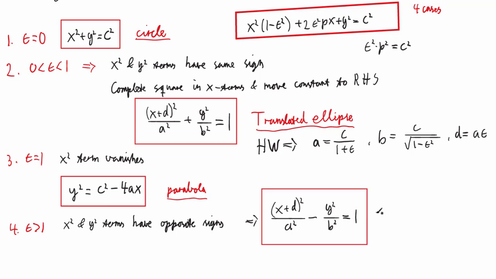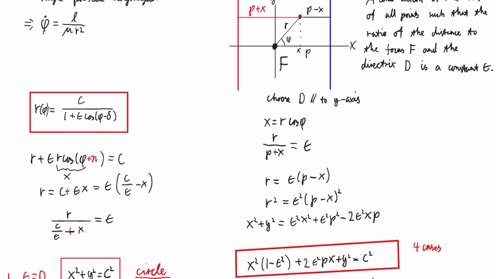And this you should recognize as the equation for a hyperbola. And for some reason I capitalized translated ellipse and hyperbola, but not parabola or circle. But these are the 4 results that we get, 4 different equations. And these are the 4 conic sections, which is what we wanted to show here, right?